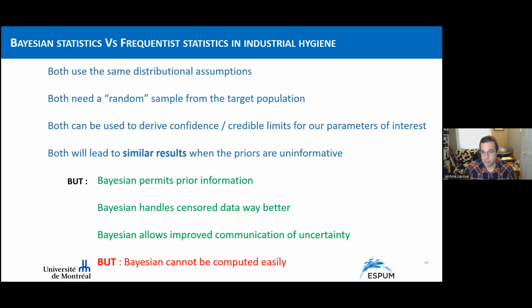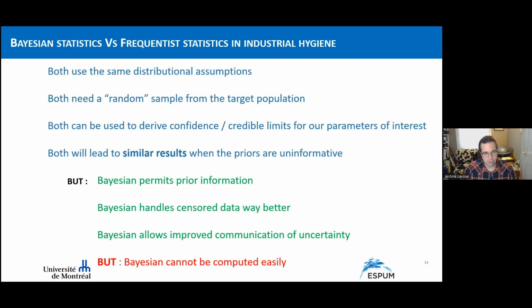They can both be used to derive confidence intervals. In Bayesian vocabulary, confidence intervals are called credible intervals because Bayesian statisticians are more modest. And both types of analysis will lead to similar results when the prior distribution is non-informative. So when we say we know very little, we will get similar results between the two methods.